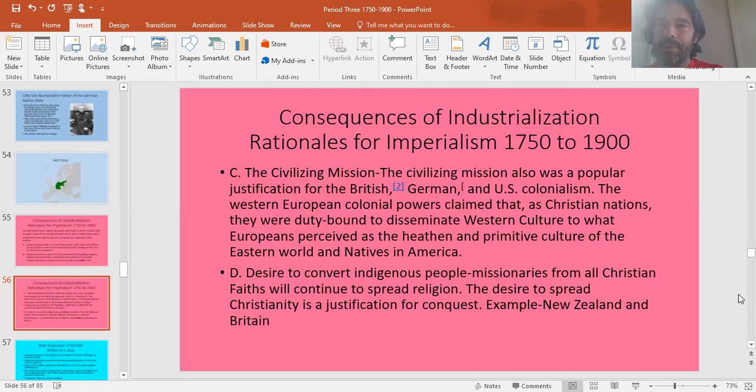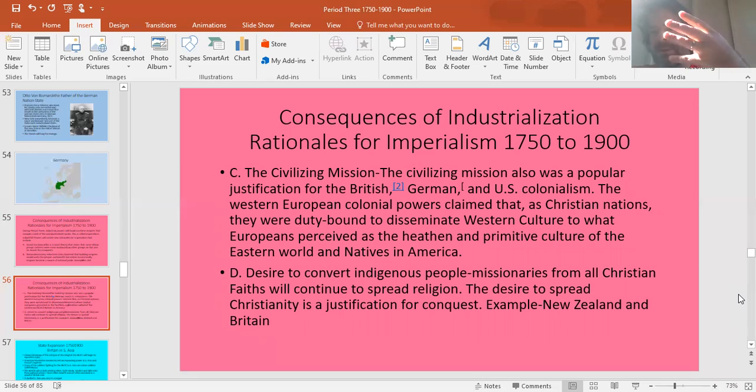This is our right, but it's also our obligation to rule over them and to impart upon them our civilizing ways, our religion, our way of life, our culture. And this was called the Civilizing Mission. And that, my friends, is some pretty breathtaking racism.